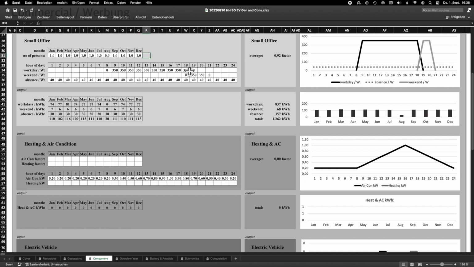We have the typical office consumers, like a personal computer, lights, telephone, etc. The consumption during the working days office hours from 9 AM to 6 PM is 350 watts. On the weekend, it is the same consumption from 7 PM to 9 PM.